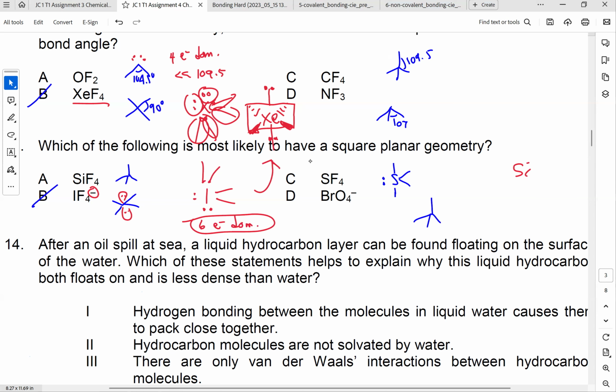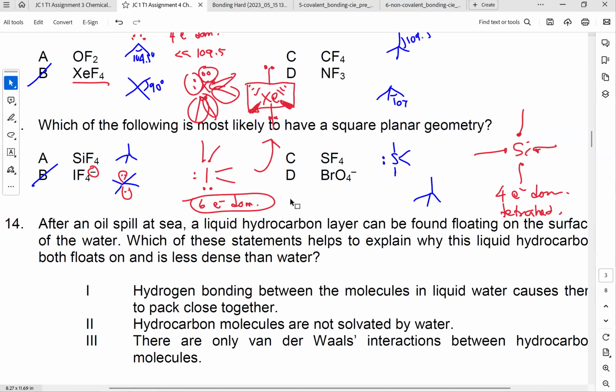Silicon has 4 valence electrons, and all of them bond with F, like in A, 1, 2, 3, 4. So still 4 electron domains, which will give tetrahedral. Any question?